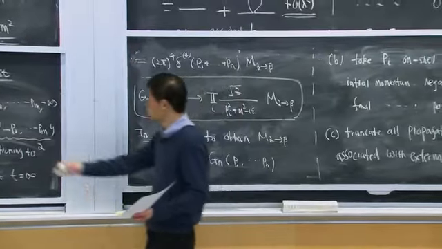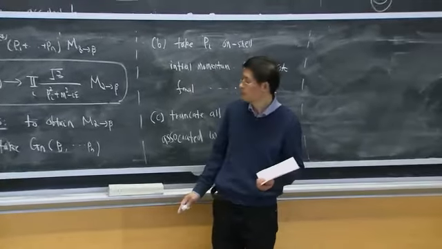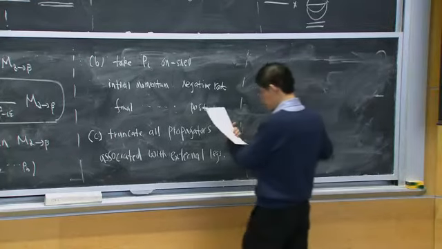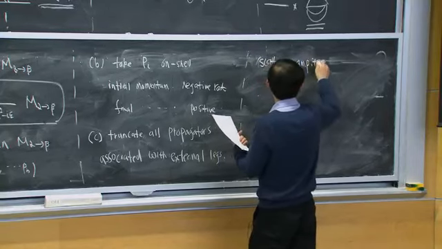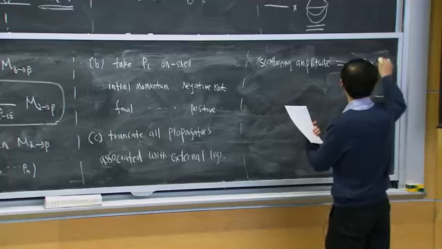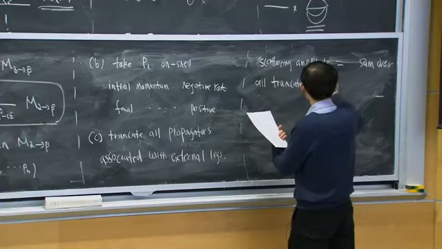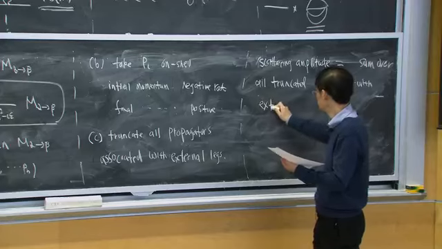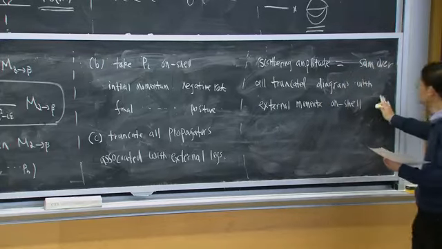Following from this statement, here is the rule to obtain the M alpha beta from the G. If I want to write it in one sentence: scattering amplitude is just equal to the sum over all truncated diagrams with external momentum on shell. So if I summarize into one sentence, it's just this.